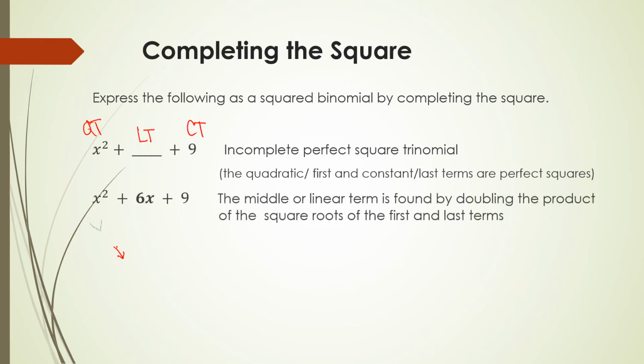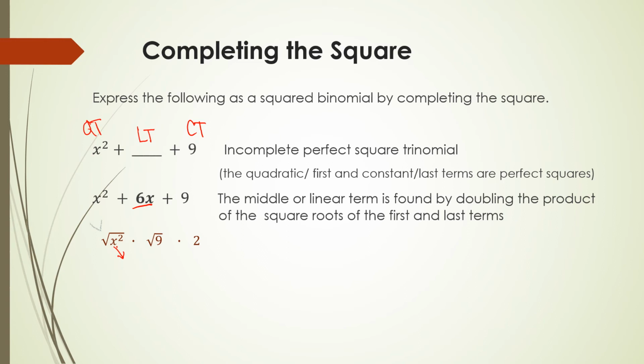Now, where does 6x come from? So, how do you arrive at 6x? The middle term or the linear term is found by doubling the product of the square roots of first and last term. So, you need to get the square root of x squared.